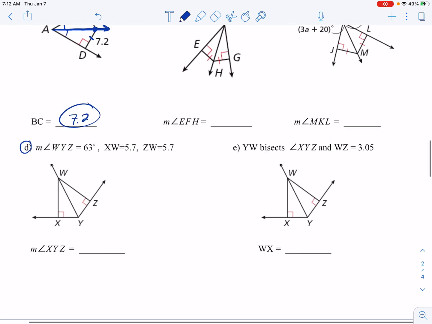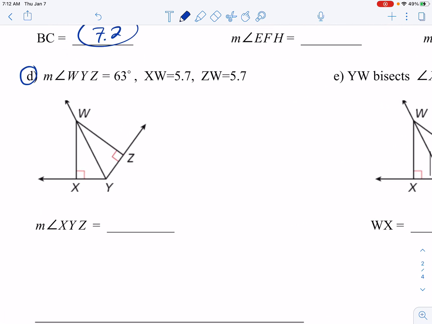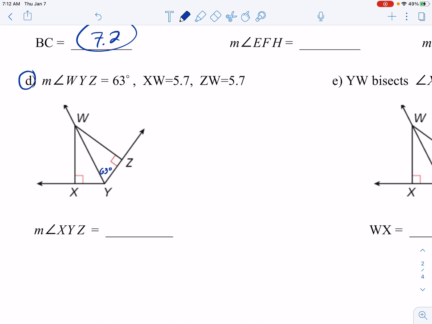Let's try D. We've got to fill some information in here. Angle WYZ is 63 degrees. And then we're told XW is 5.7 and ZW is 5.7. So these two lengths are congruent. That means that W, this point in the interior, is the same distance to the two sides.